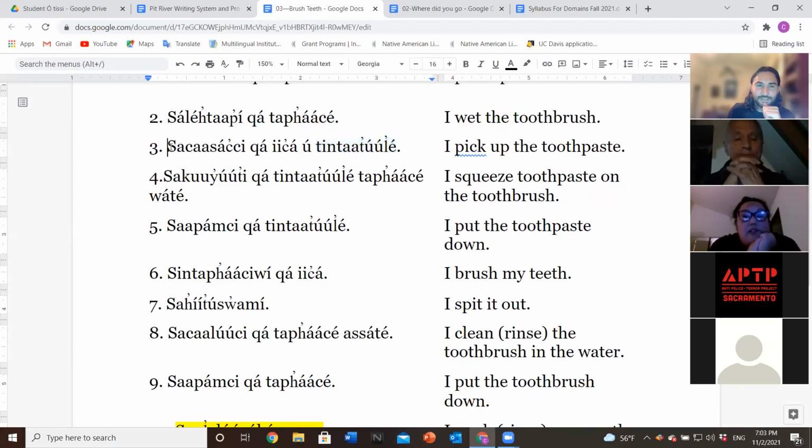Sanaskat Saja. Remember this, the C when it's before a vowel makes ja, ja, ja. Sanajasti Saja, Ga Saja Sachji.